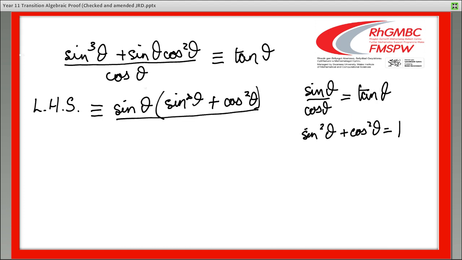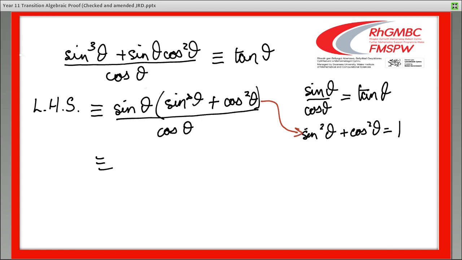And then plus, I've removed the sine theta, so I'm left with cos squared theta. And I've done nothing to the denominator, so I'm just going to copy it down again. And there's nothing wrong in just copying something down, line after line after line, until I need it.